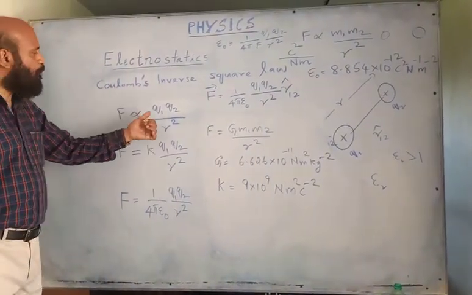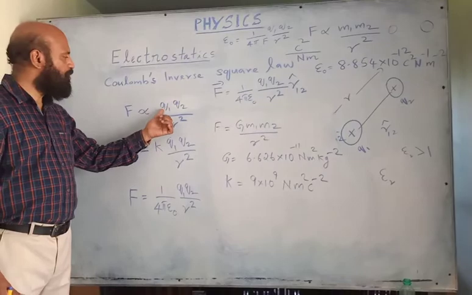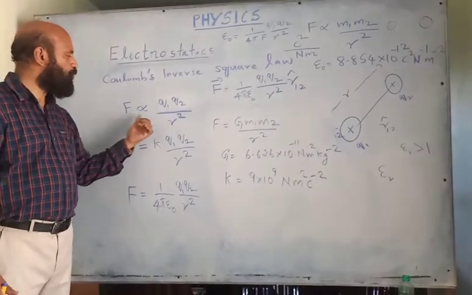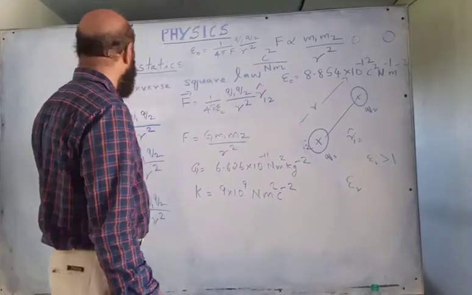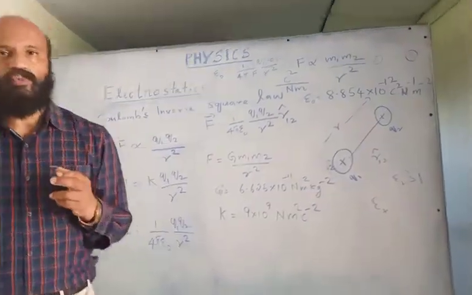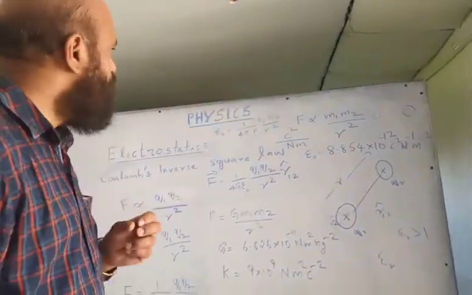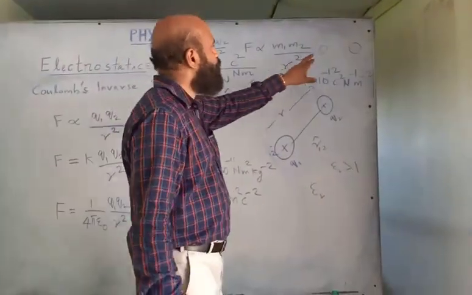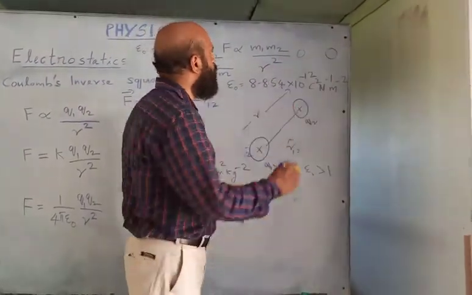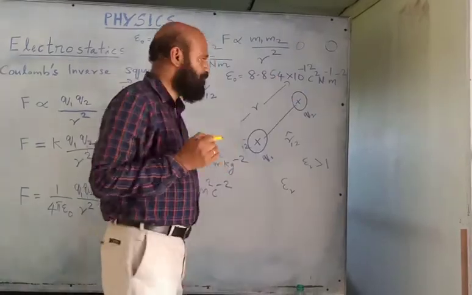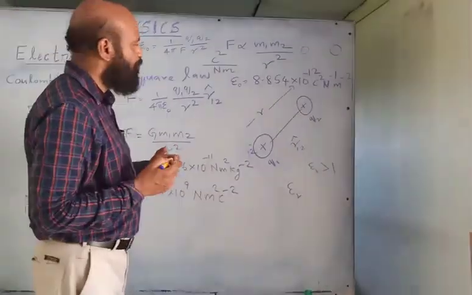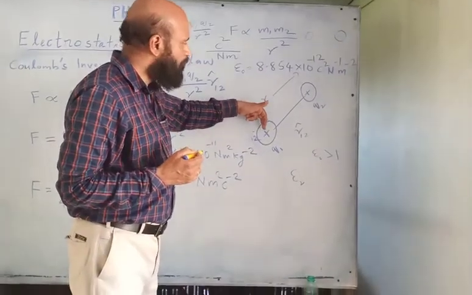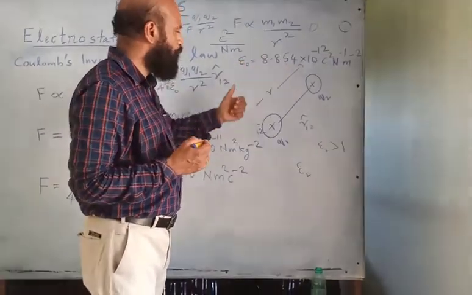Force is directly proportional to the product of the charges and inversely proportional to the square of the distance. So there is a similarity. But there are differences also. In the case of gravitational force, there will be only attraction. But in the case of electrostatic force, there is both attraction and repulsion.